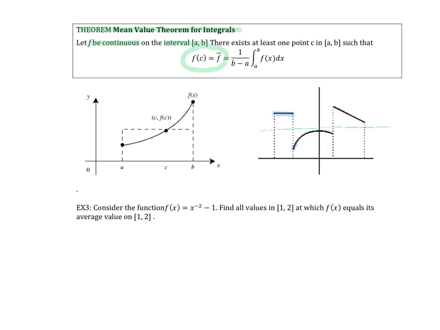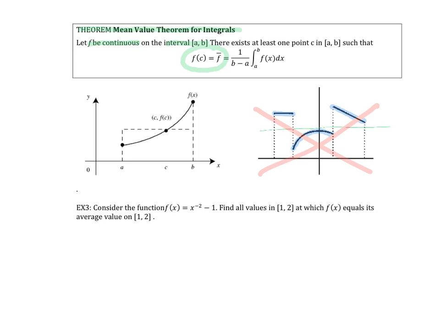So here's my curves. There is no point on this graph where the average value of the function is equal to some value on that graph. So we can't use the mean value theorem here. It has to be continuous.